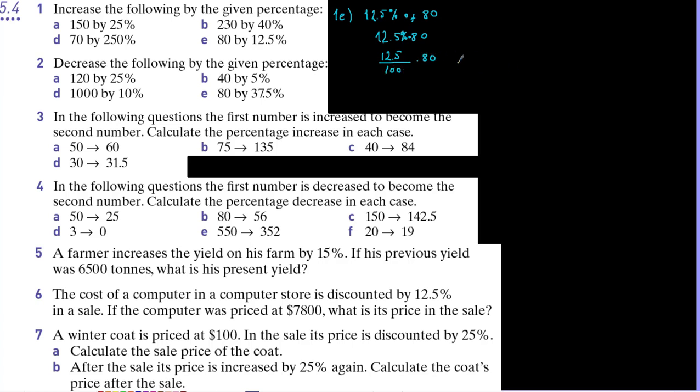If we simplify the zeros, it becomes 12.5 over 10 times 8.